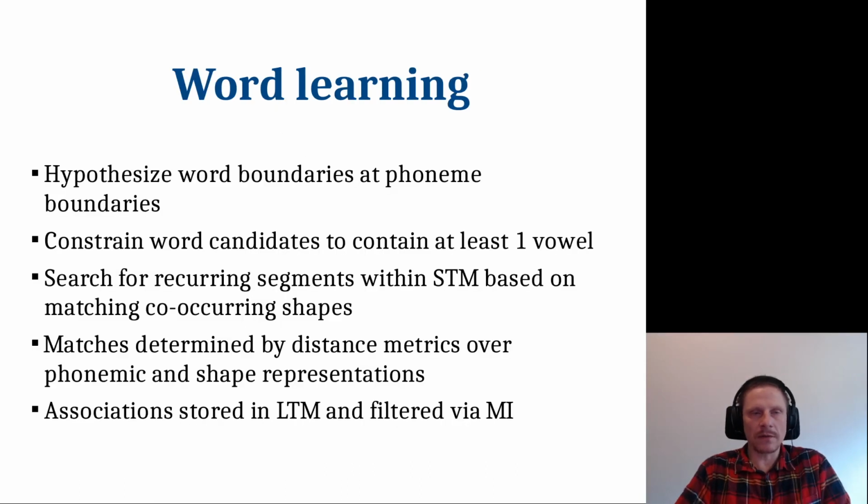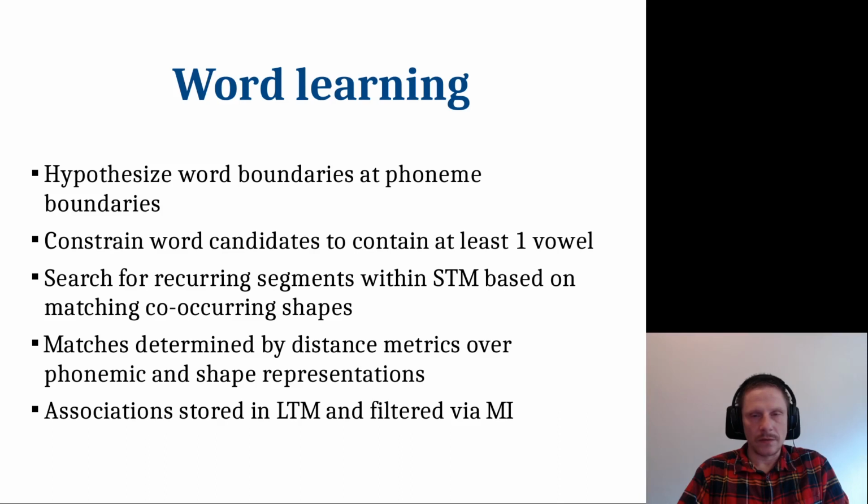And so the core of the model is this word learning, which consists of the following items. It would hypothesize word boundaries, phoneme boundaries, but subject to the constraint that these word candidates have to contain at least one vowel, which, at least for English, makes it easier.